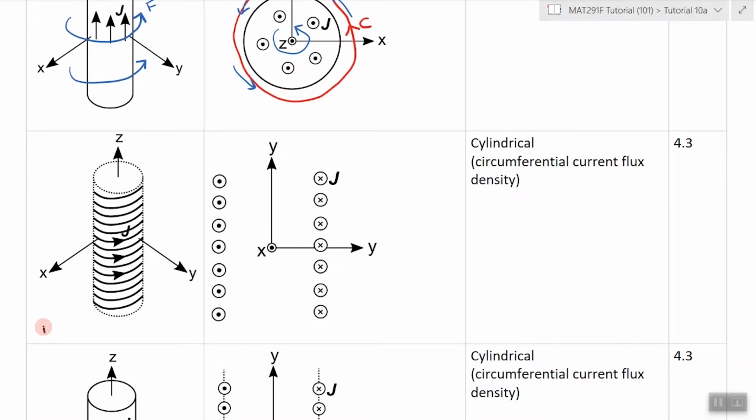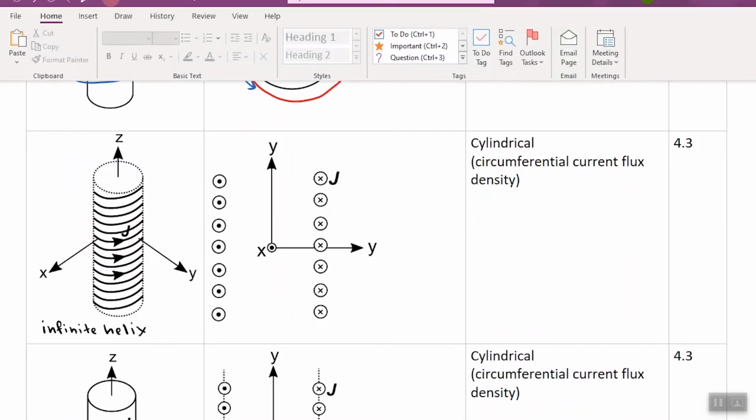This infinite helix. The kind of current density you have is circumferential current flux density because it goes around the circumference instead of going like it did in this problem. The field produced would be like this.